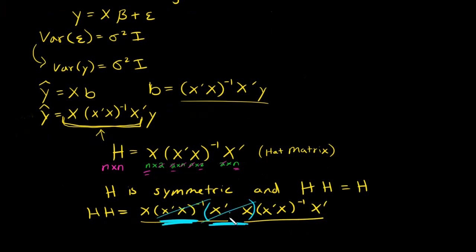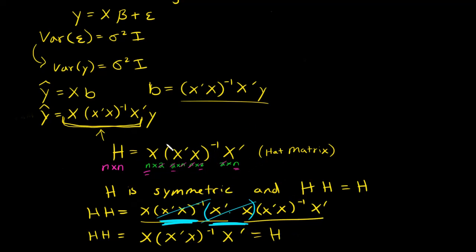What I'm left with is X (X transpose X) inverse X transpose, and that's exactly what H is.